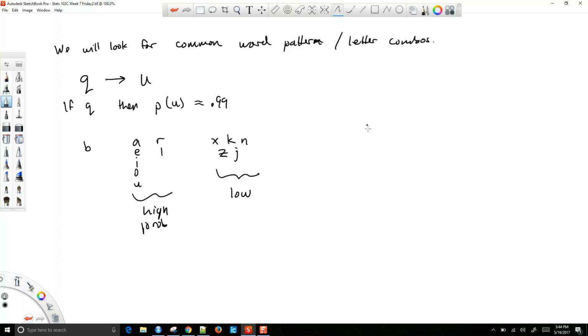Let's say this is our encoded text, and after you decipher it, one possibility is this, and another possibility is this.